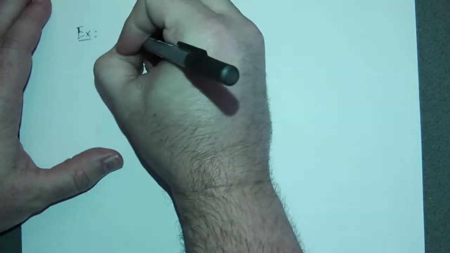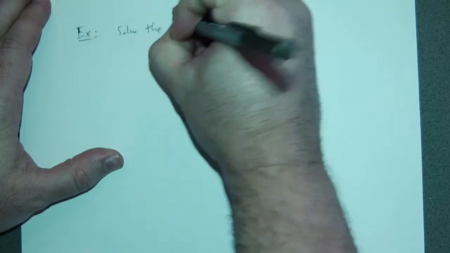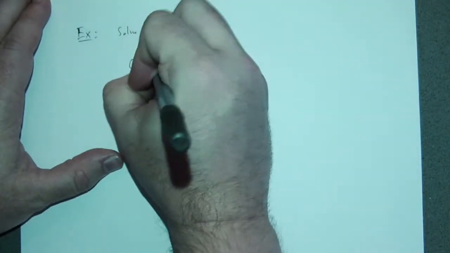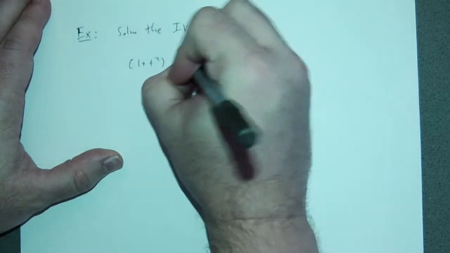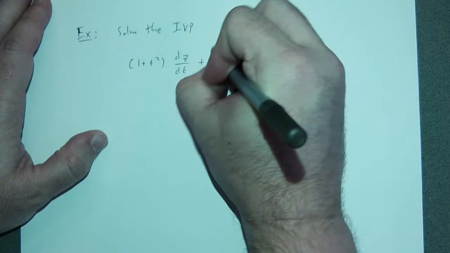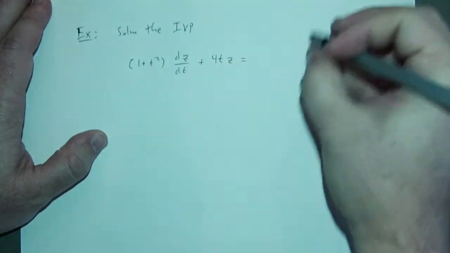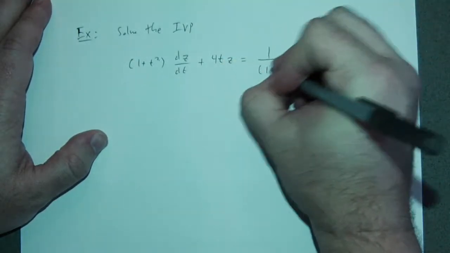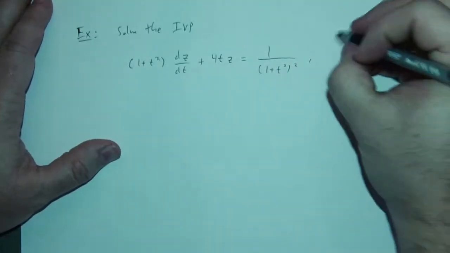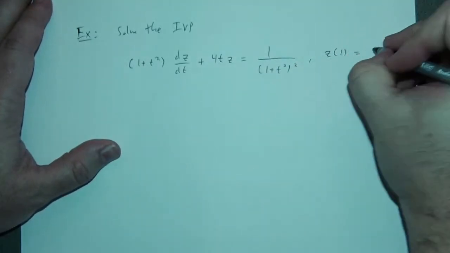Okay. All right, let's do one more example. So our other linear equation that we did. Solve the IVP, which is (1 + t^2) dz/dt + 4tz = 1/(1 + t^2)^2, with initial condition z(1) = pi.